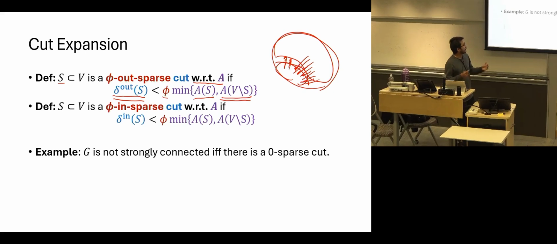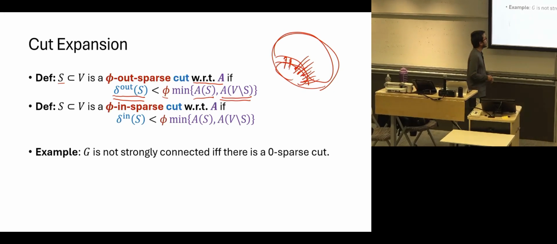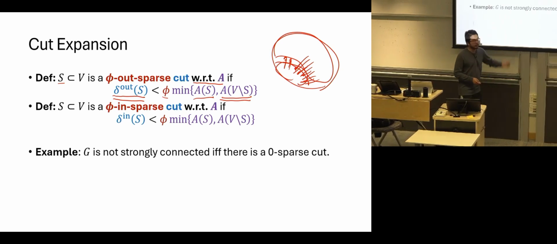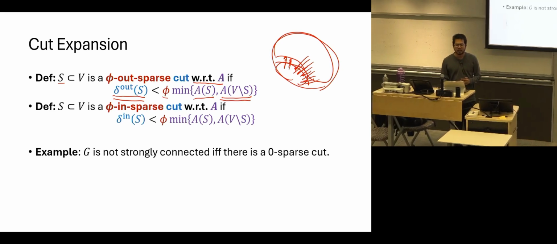Just some example so that you really get the idea. If G is not strongly connected, then you know that there must exist a zero sparse cut. Why?